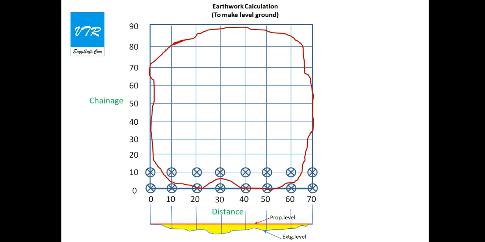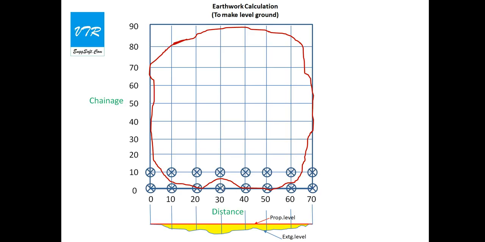For that you can use a fly level, and you have to reduce the level. So the distance here is also 0 meter, 10 meter, 20 meter, like that. We are dividing, and we are recording our existing RLs.